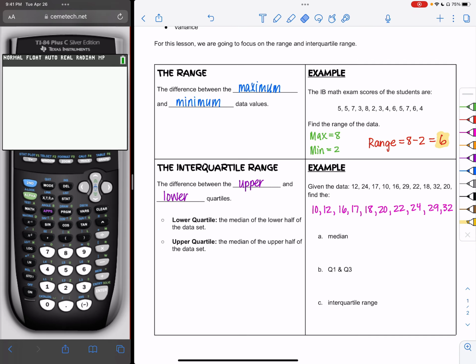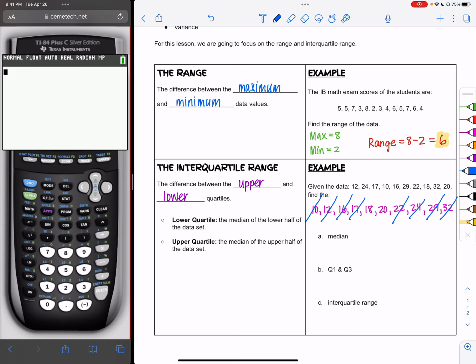All right. In order to figure out what your lower quartile and your upper quartile are, you first have to divide your data into two equal pieces, meaning that I need to find the actual median. Remember, anytime we find the median, we cross out from left to right. So I'm crossing out 1, 2, 3, 4 here, and 1, 2, 3, 4 from the other side.